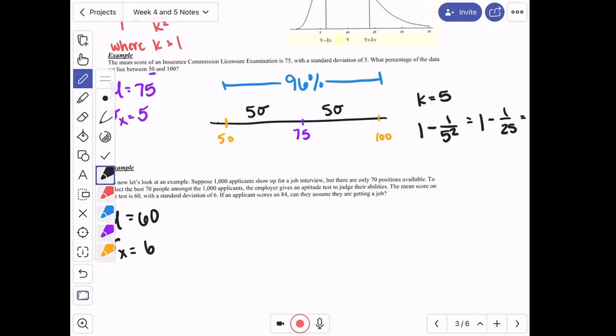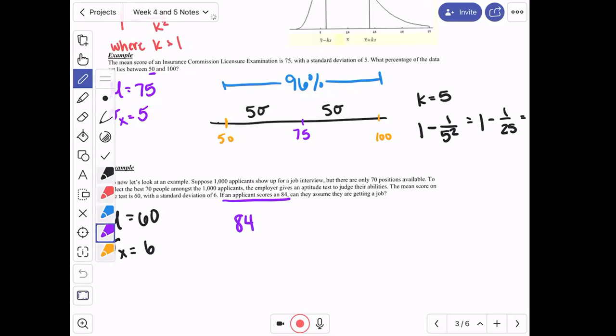You scored what on your particular test? You scored an 84. How well did you do with respect to the mean then? How far above the mean did you score? 4 standard deviations. Good. We scored 4 standard deviations above the mean. Does everybody see why?